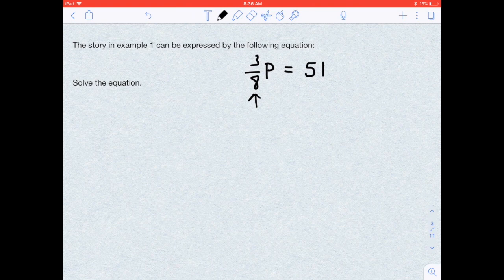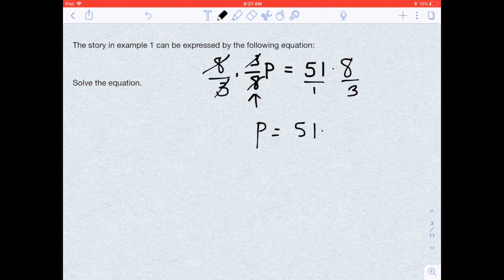So I need to get rid of my 3/8. The way I can do that is by multiplying each side by the reciprocal. Remember, I have to do the same thing to both sides so it balances. I can cross off 8 and 8 is 1, 3 and 3 is 1. So now I just have p equals 51 times 8 over 3. I don't know what that is. So let's see.